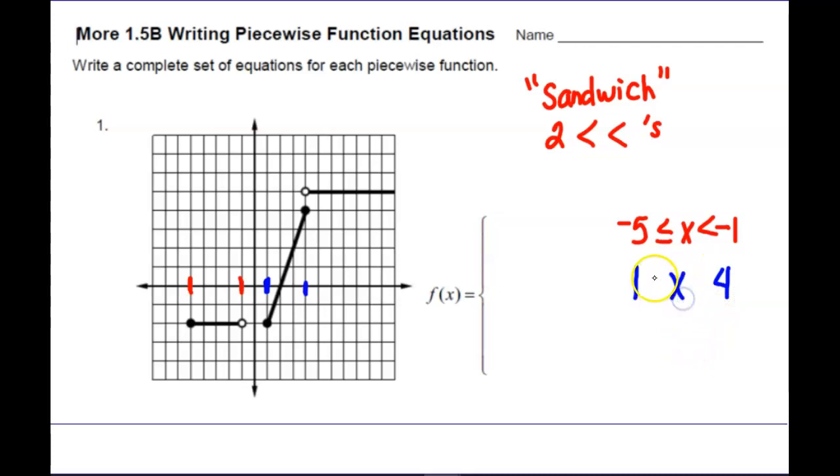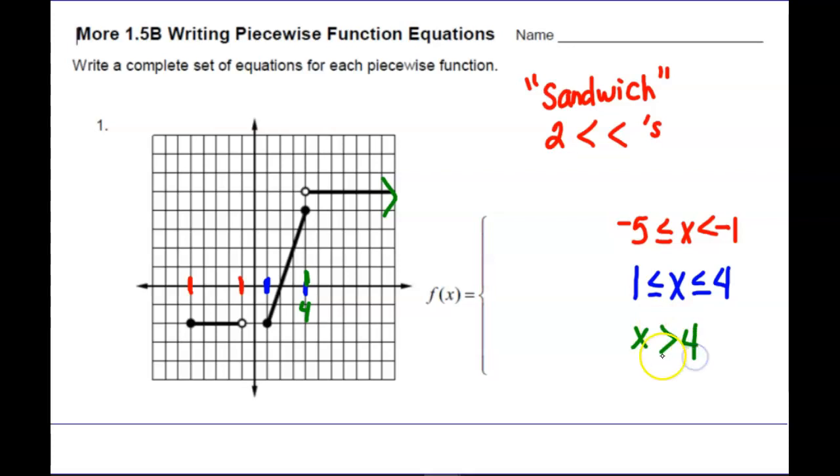X goes in the middle, and the symbols are both less than or equal to's. And then that last chunk here, how do we write this? Anybody know? It starts here at x equals 4. Was that right? 1, 2, 3, 4. Okay. And it goes to the right forever, because we're going to assume it runs off with an arrow. So how do we write that?